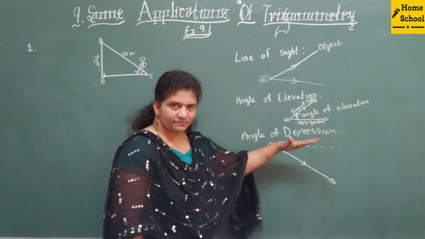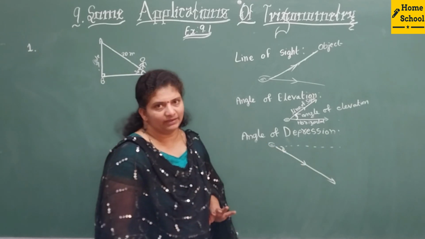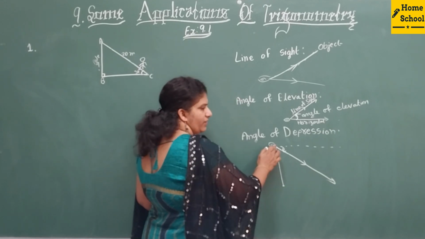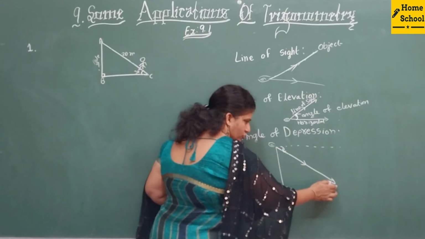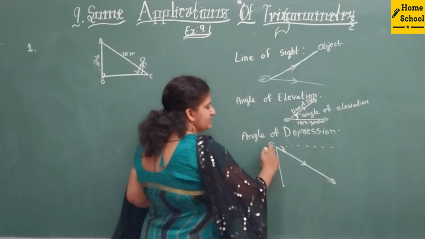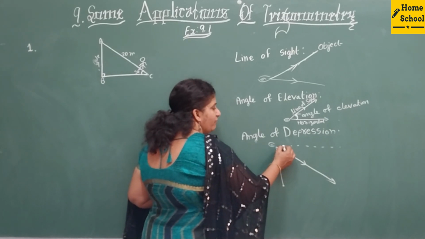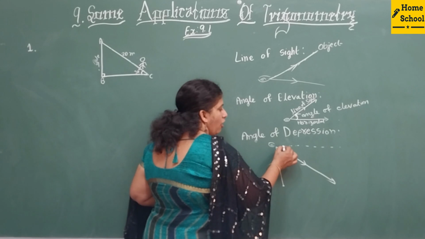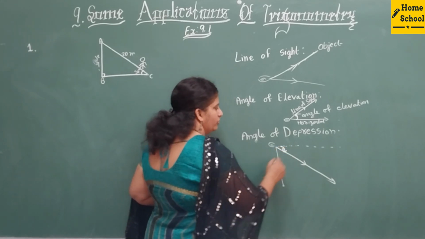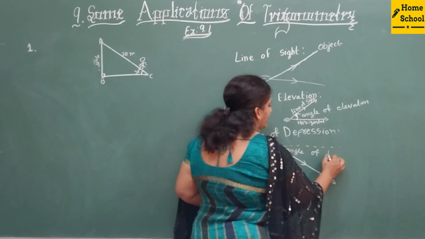For every observation, you will have a horizontal line, and from that you can make an angle. From your eyesight, a line is drawn to the object you are observing downward. This is the line of sight drawn downwards. The angle is measured from the horizontal line to your arrow mark. This angle so formed is called the angle of depression.